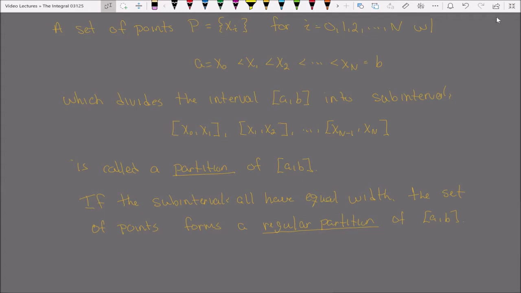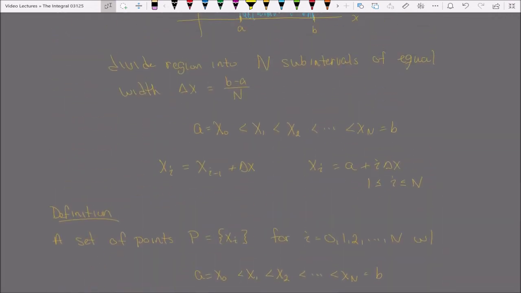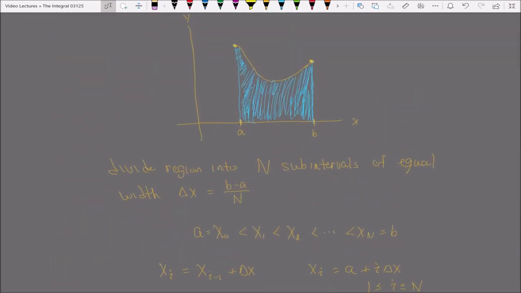Now, once we have formed our partition of the interval, we can create n rectangles. Right? So essentially what we've done is, once we've divided our partition up, we have created n rectangles, as so.